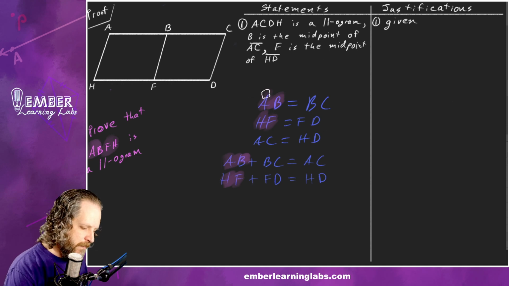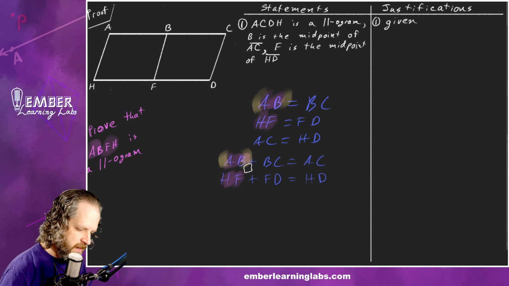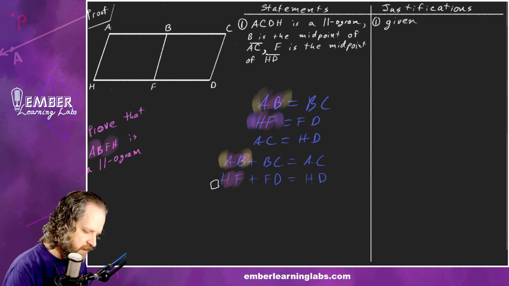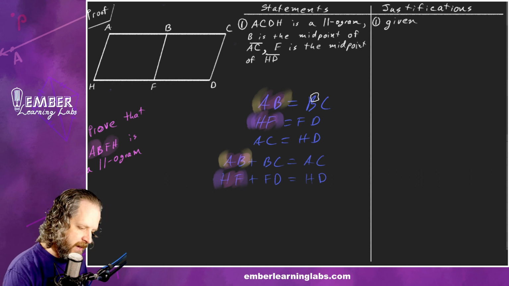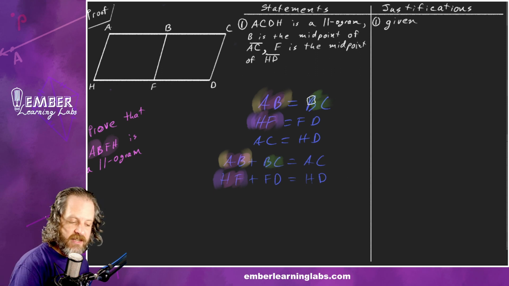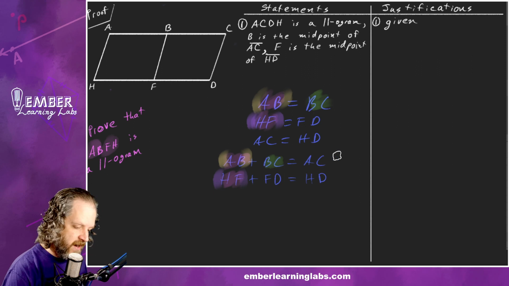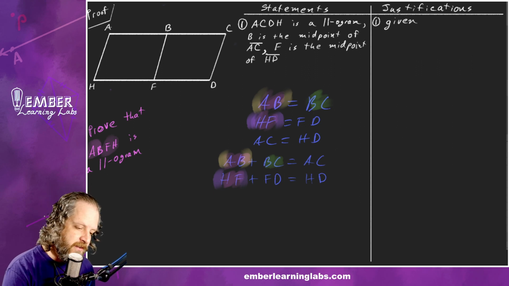Now, what do I have that matches? Well, I have AB that matches right here, and I have HF that matches with HF down there. And then I've got BC that matches a BC over here. So whenever it matches from up here to down here, I can take something from up here and stick it down there, right? I know that those are things that I can ultimately do.